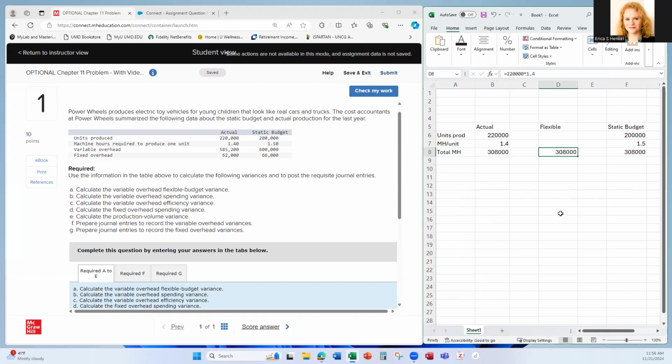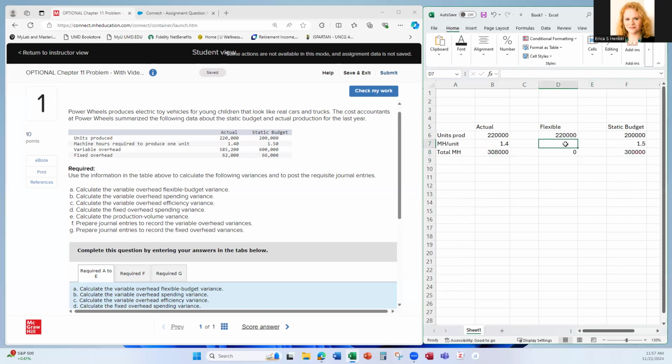And then while we're at it, let's fill in the flexible budget also. Okay, so the flexible budget is going to be based on the actual number of units. Okay, hold on, let me do that as a formula. Equals B6 times B7. There we go, then I can copy that over. That's why we don't hard code things in Excel, folks.